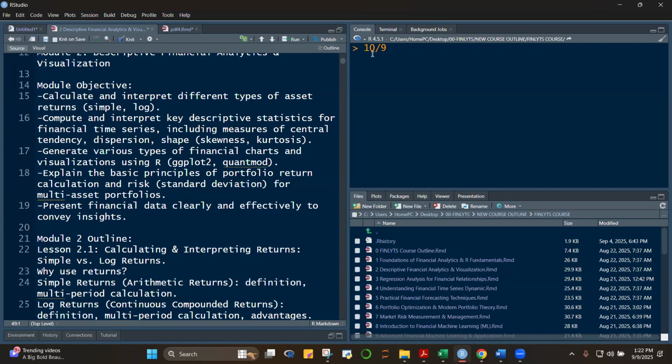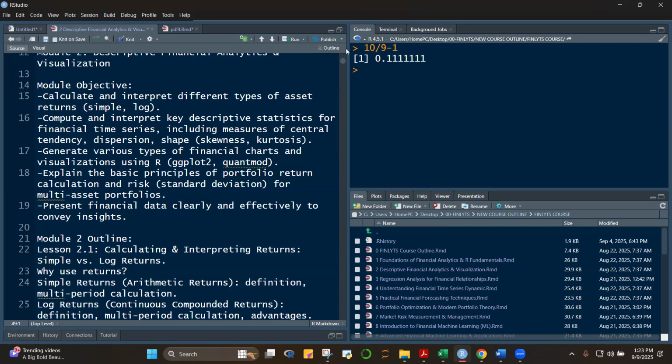Okay? So how do we analyze this? We can say that the price increased from 9 to 10. So that means that there was a growth or an increase of 0.11%. Okay, 10 over 9. Notice that's 10 over 9, no?